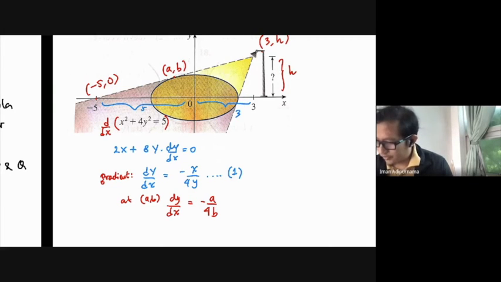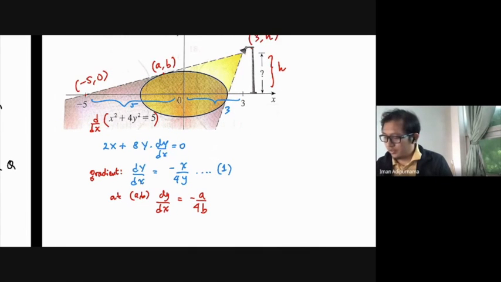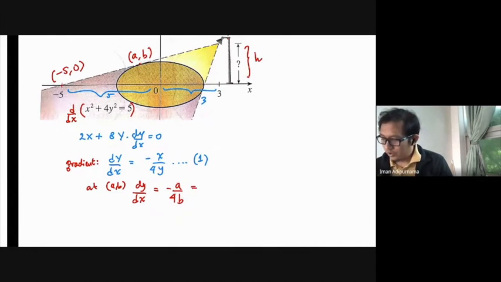This is 5. Okay. 5 plus 3, 8. So this is equal H over 8. So this is our second equation that I think is important.